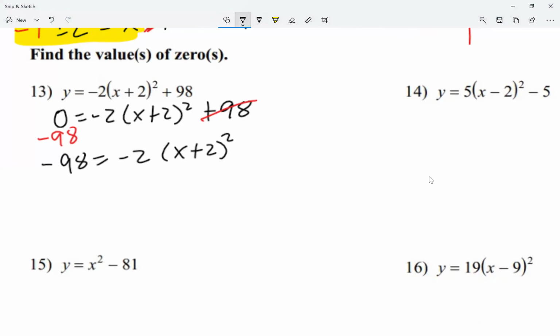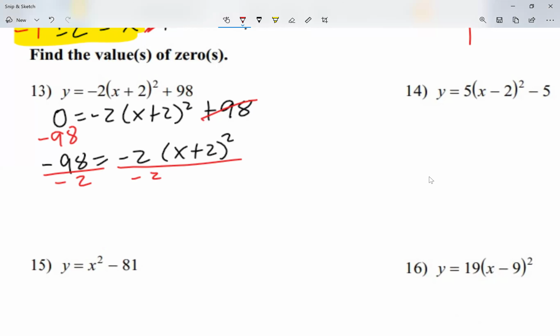Let me divide both sides by a negative 2, because I'm trying to get rid of the number in front of the parentheses. Negative 98 divided by negative 2: I know negative divided by negative is positive, and 98 divided by 2 is 49. So we have that 49 is equal to the quantity x plus 2 squared.